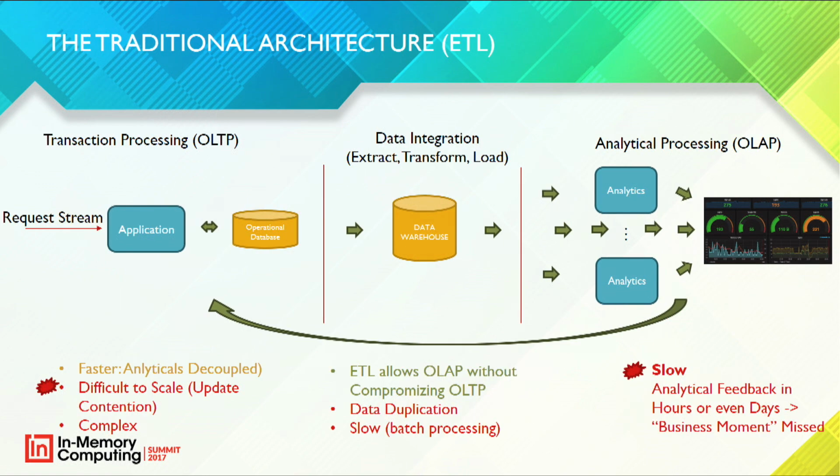The way we've done that traditionally is to separate out the data store in the transaction processing plane using an operational data store and breaking the analytics store into a back-end data warehousing or analytics database.